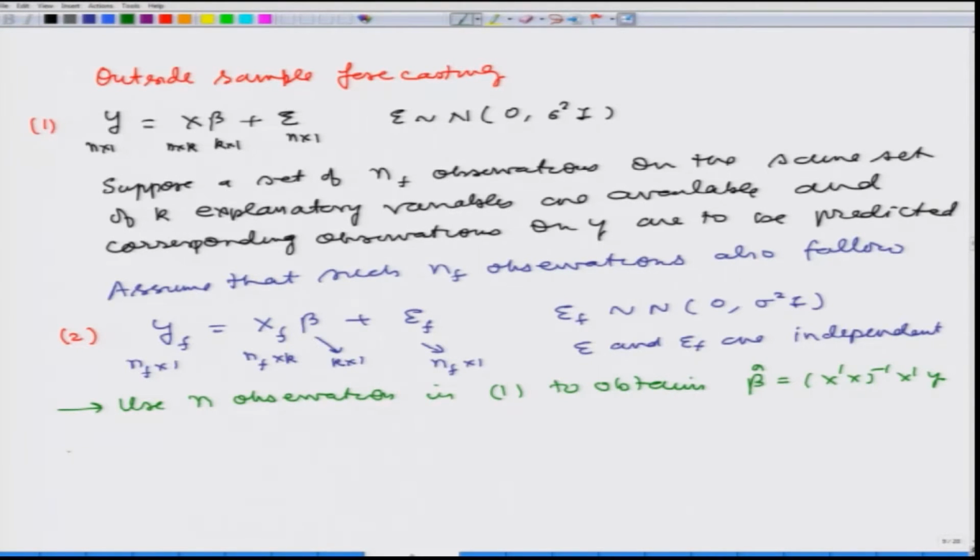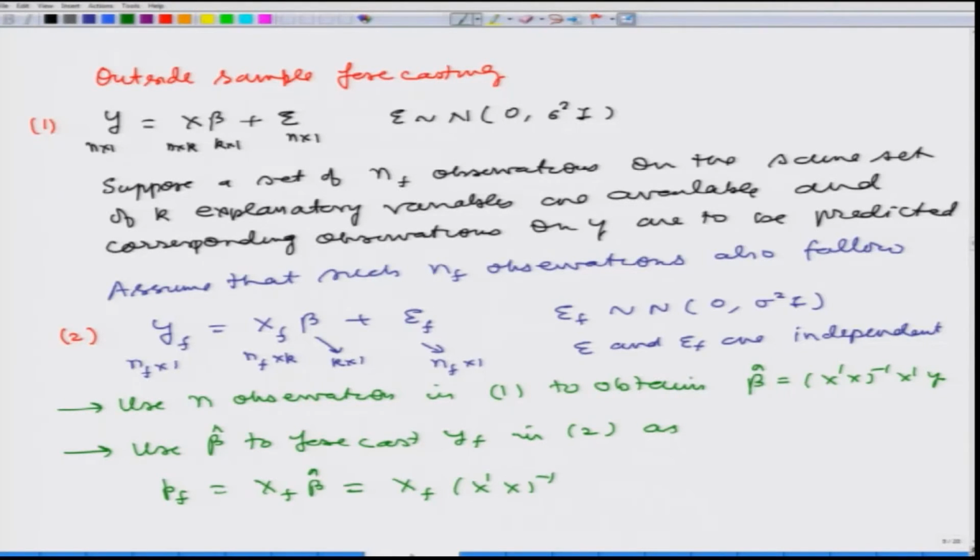And in the second step, use beta hat to forecast yf in model number 2, as we try to construct a predictor Pf which is Xf beta hat, and this is Xf (X transpose X) whole inverse X transpose y. Right.